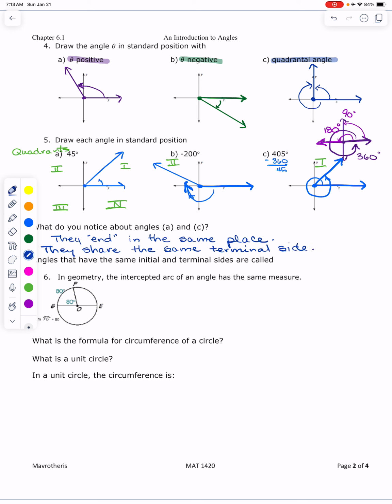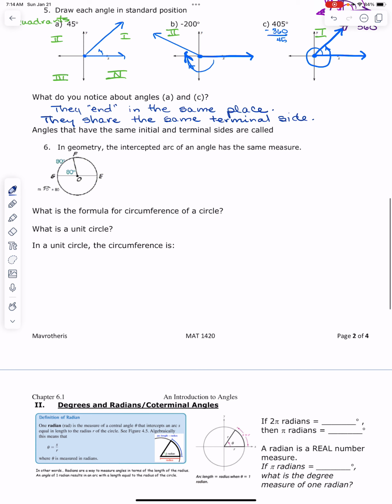And notice we can go around that circle as many times as we want. We could go the negative direction and get there. So this is going to come up, and it is important to know that angles that have the same initial and terminal sides are called coterminal. There's always going to be more than one way to get at an angle.